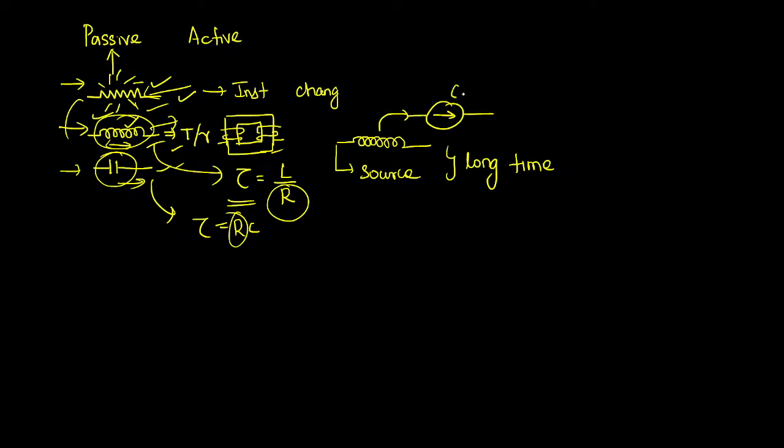Let me repeat once again. Whenever you connect an inductor with a source for an infinite duration, or we can call it a long time, then the inductor will simply behave as a current source.